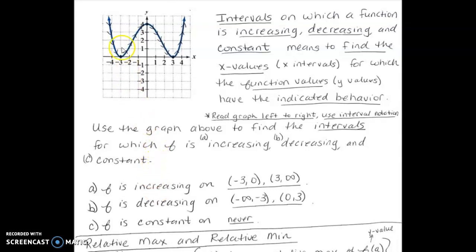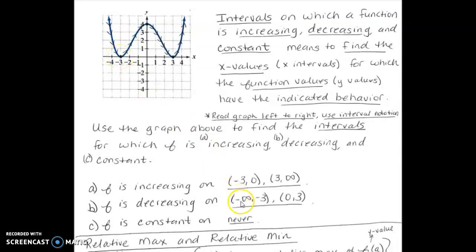F is decreasing on, so if I start on the left, right off the bat, I start to see decreasing behavior. On the far left, because there's an arrow here, we would assume that we would be continuing off to the left. So that's -infinity as the x starting value, all the way up until I land at x equals -3.